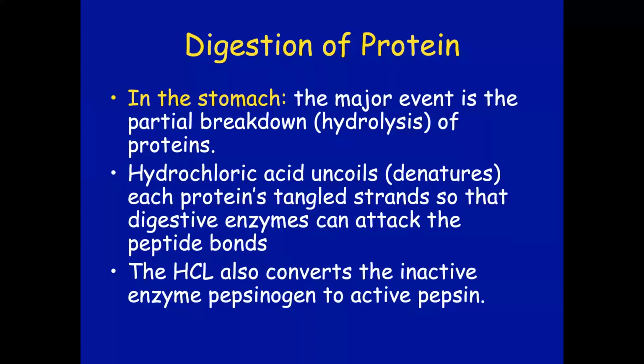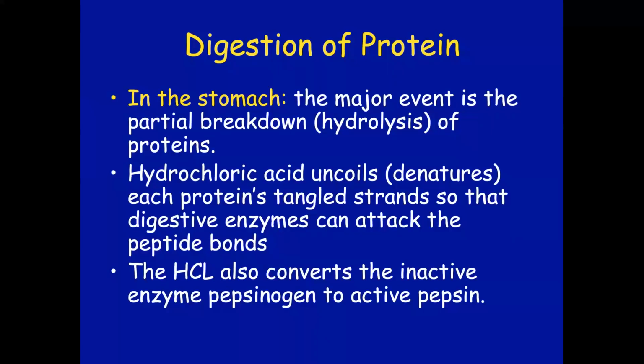Now, that hydrochloric acid in your stomach is also going to be super important, because the stomach will produce an inactive enzyme, which is known as pepsinogen. The hydrochloric acid will convert that to the active form, which is known as pepsin.